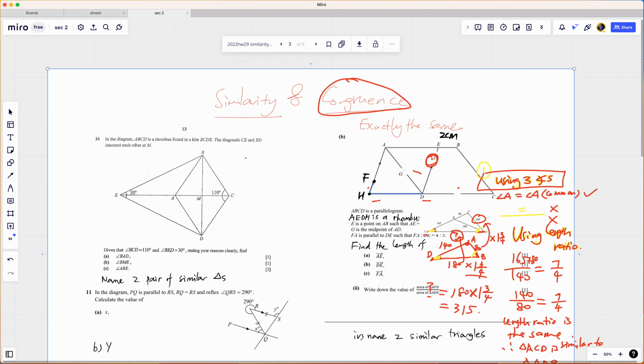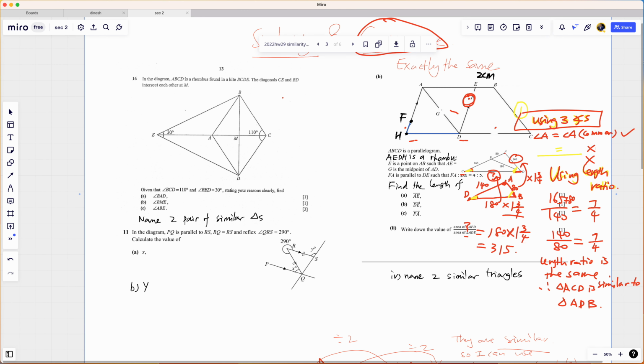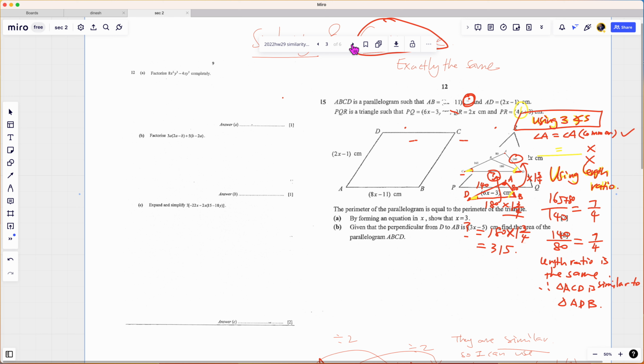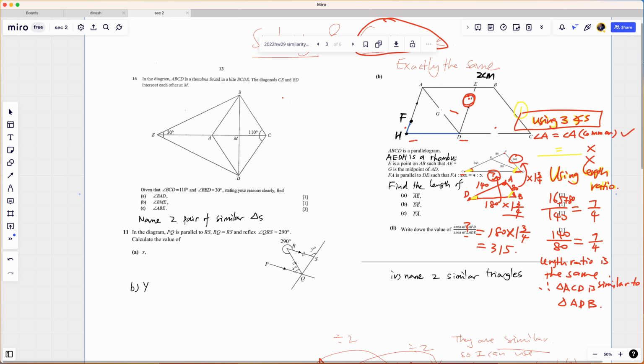This one first. Question 16. First question. Have you done this? Question 16.